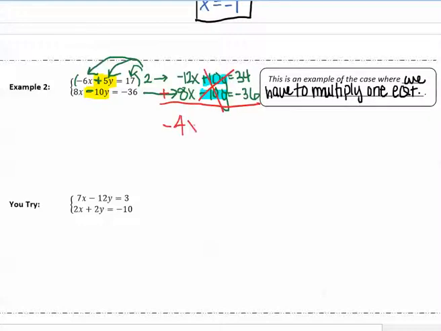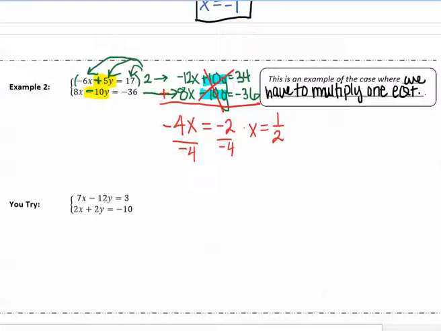Negative 4x is what I get when I add up those two x's, is equal to negative 2. Okay, so divide both sides by negative 4, and we get our answer. x is equal to 1/2. And as I said before, fractions are perfectly fine.